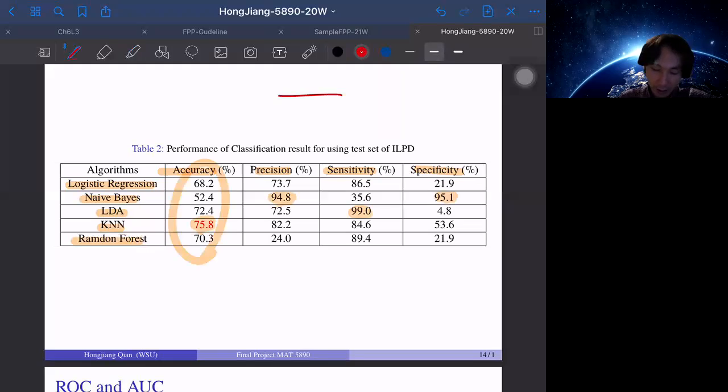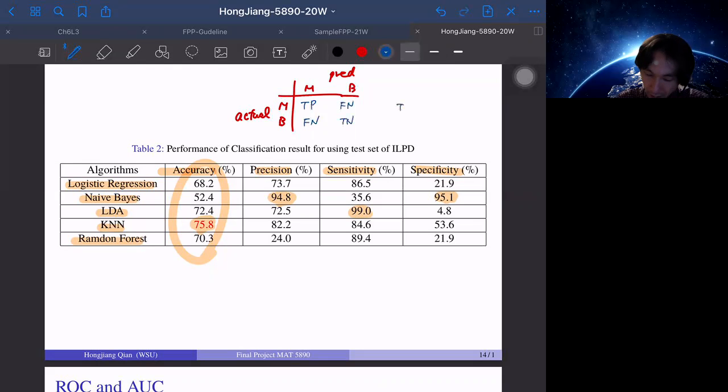Basically, this is a binary problem, with actual and predicted outcomes, and actual is malignant or benign. Accuracy is, say this is the true positive, this is the false negative, this is the true negative, and this is the false positive.